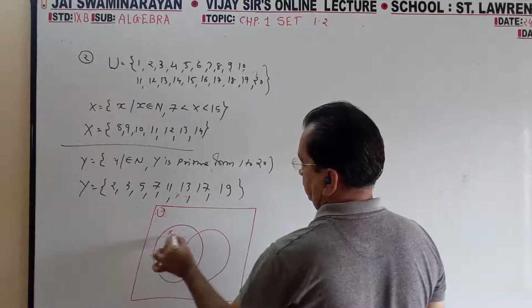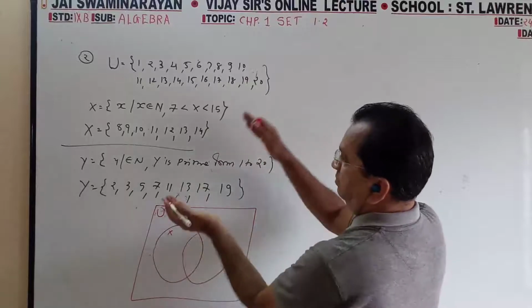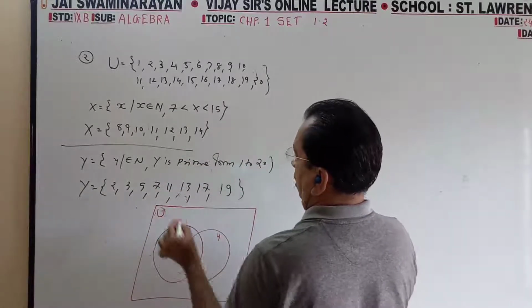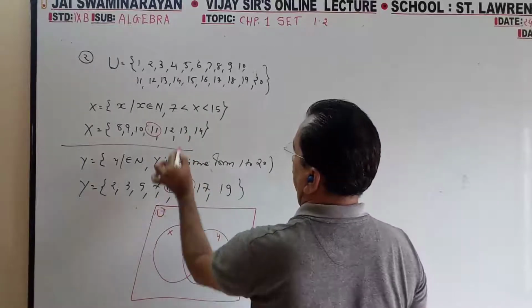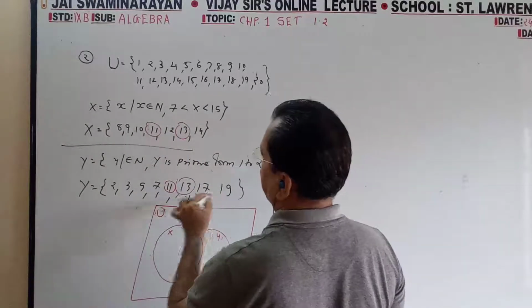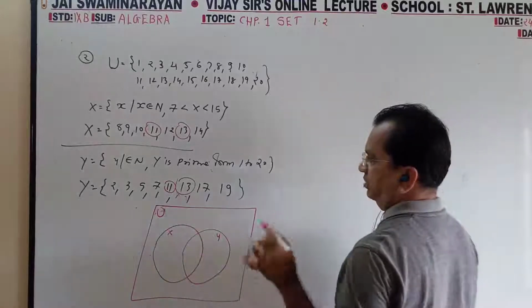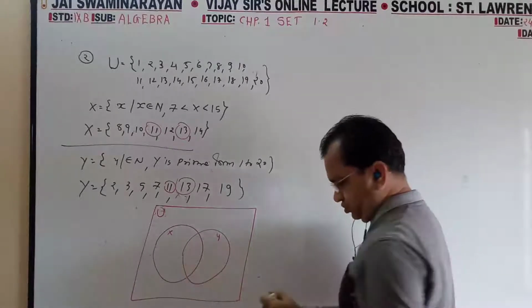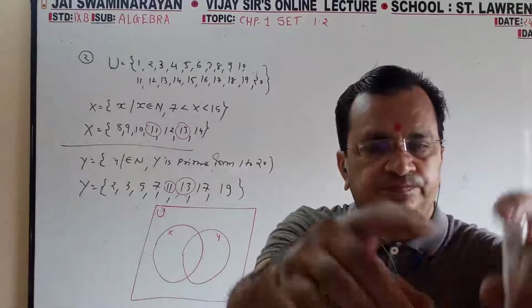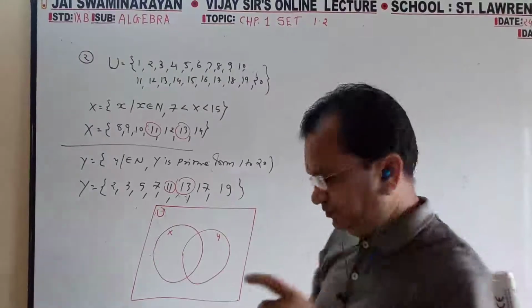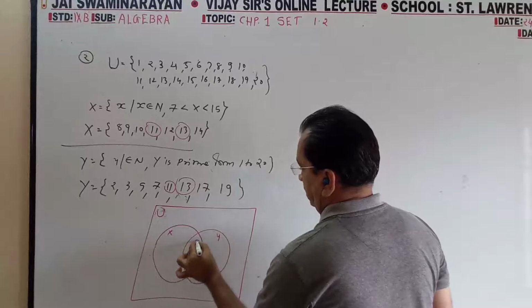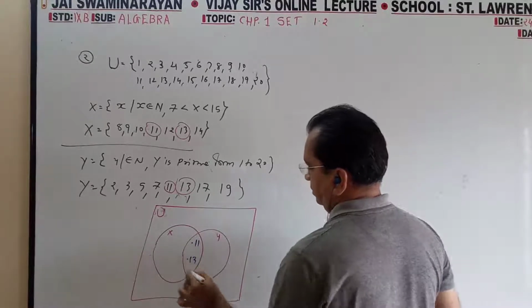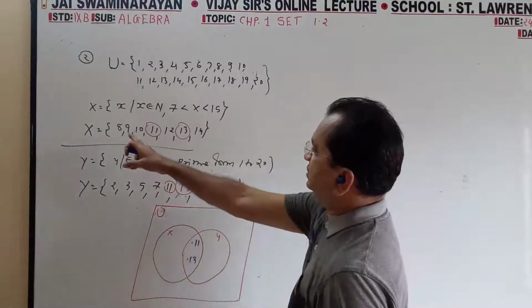This is X, this is Y, and this part is common. 11 is common, 13 is common. That much is common. This 11, this 13. Now try to complete X.